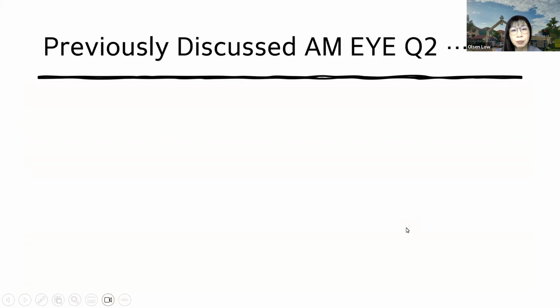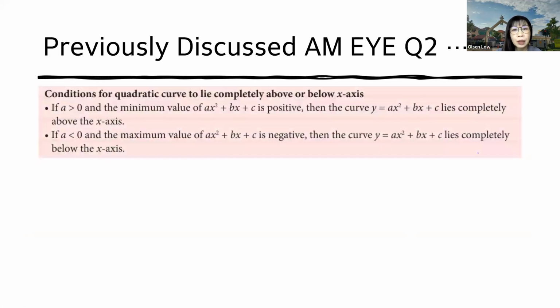Now, previously we discussed in question 2 the relationship for a quadratic curve that lies completely above or below the x-axis. We know the conditions. If it is above the x-axis, then a is greater than 0, and the second condition is that the minimum value of the curve has to be greater than 0.